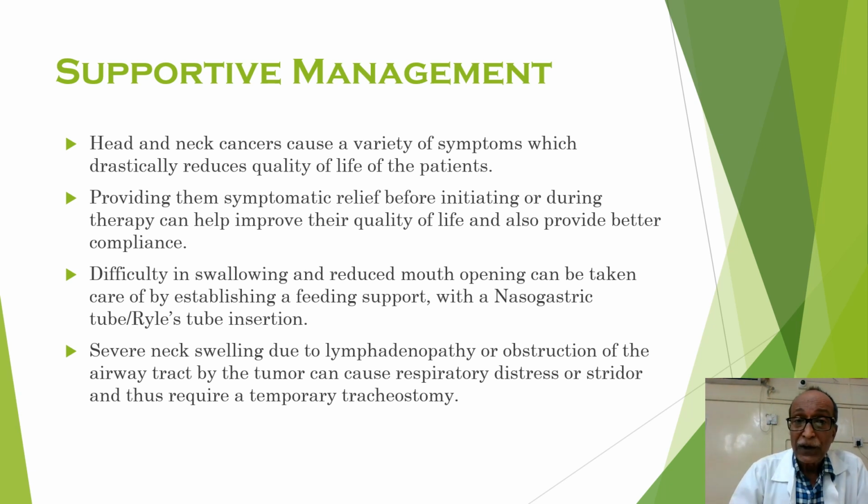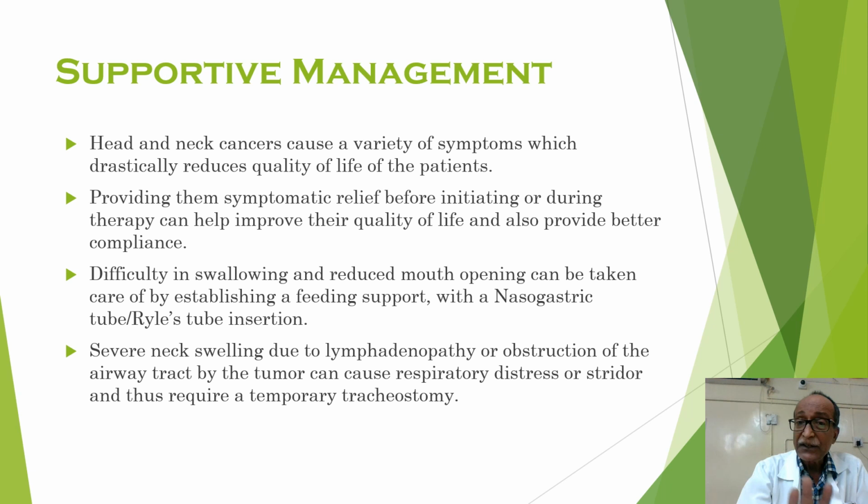Difficulty in swallowing and reduced mouth opening can be taken care of by establishing feeding support like a nasogastric tube or a Ryle's tube version. Severe neck swelling due to lymphadenopathy or obstruction of the airway tract by the tumor can cause respiratory distress or a stridor and may require a temporary tracheostomy.